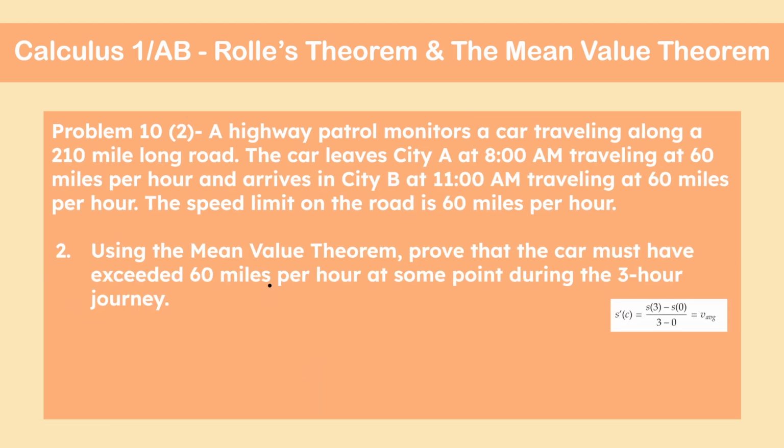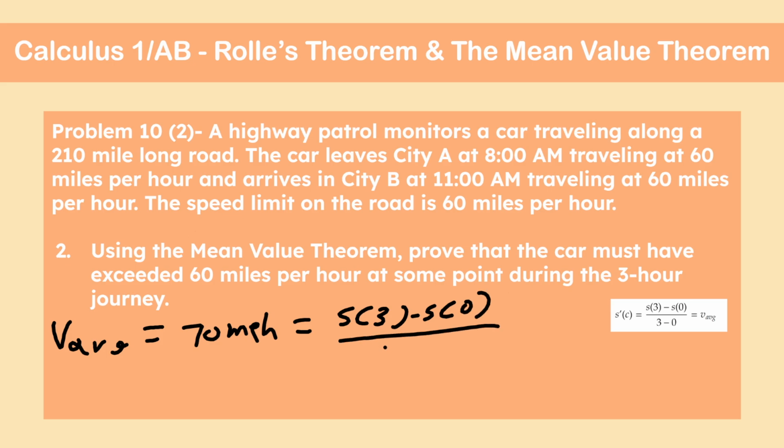Okay, so now we are going to use the mean value theorem to prove that the car must have exceeded 60 miles per hour at some point during the 3-hour interval or journey. So we know that the average velocity is equal to 70 miles per hour, and that's equal to S of 3 minus S of 0 over 3. And as you can recall from the mean value theorem, this is the same thing as S prime of c.